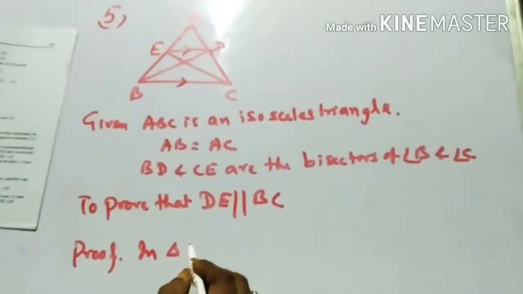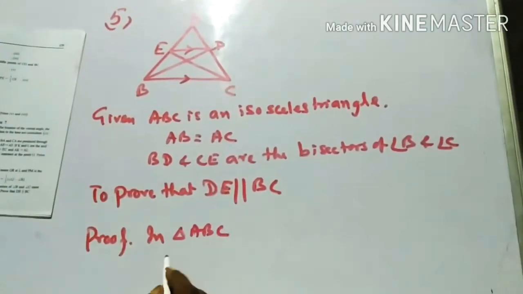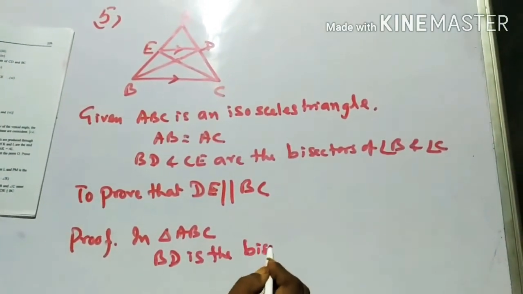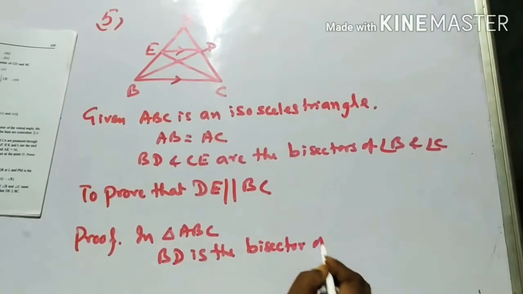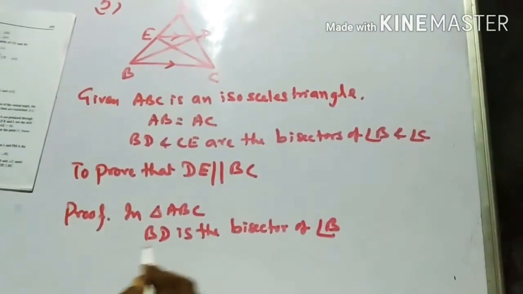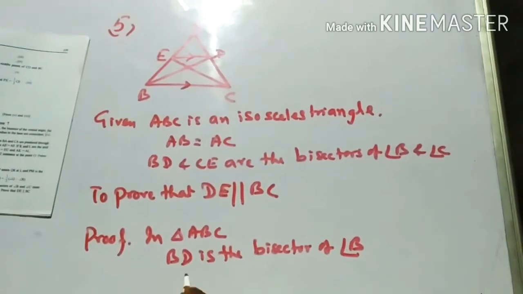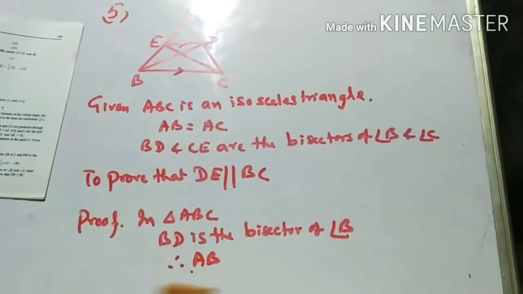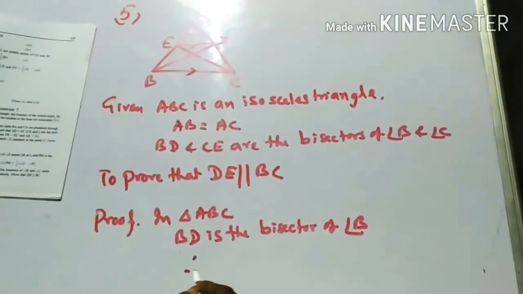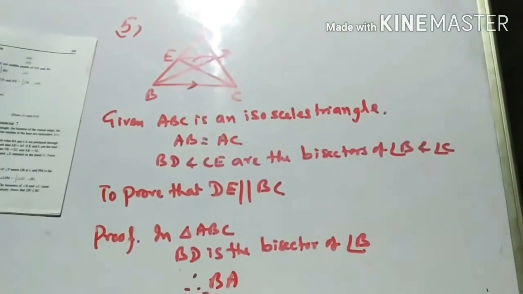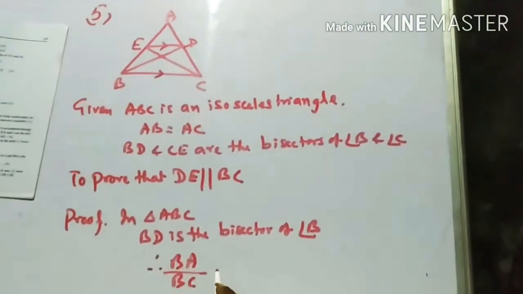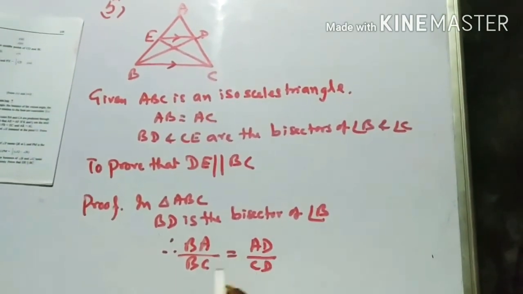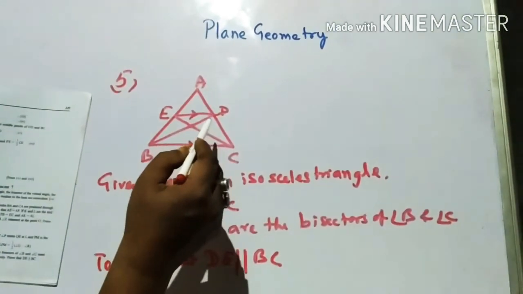In triangle ABC, BD is the bisector of angle B. So therefore, BA by BC is equal to AD by CD.